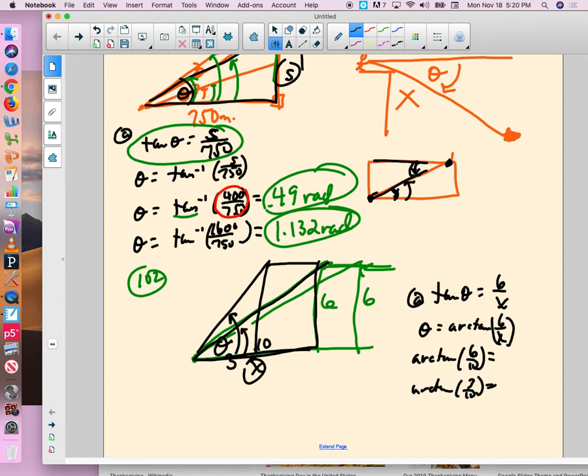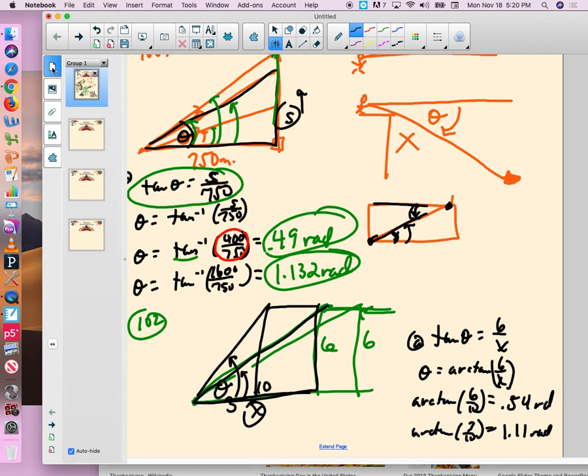The answers to that, they did it in radians again, are 0.54 radians and 1.11 radians. It'd be interesting to also do it in degrees. It might mean a little bit more to you there since you're more used to degrees. On a test, I would say what mode I want it in. Going to the other application problems on page 333.